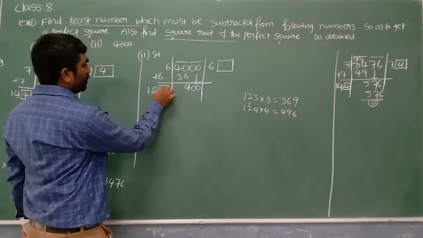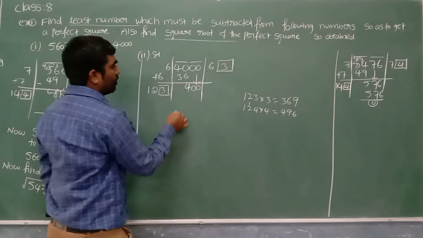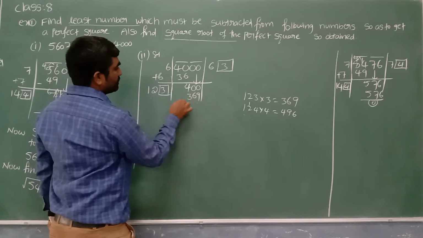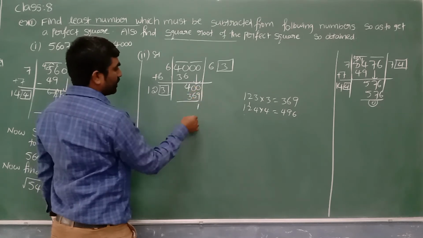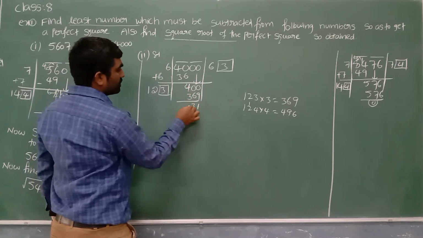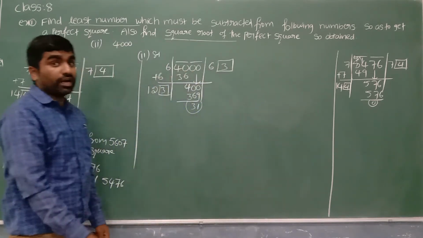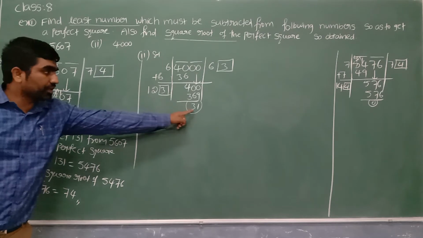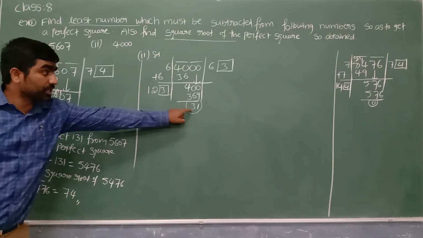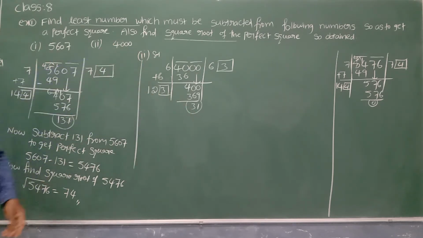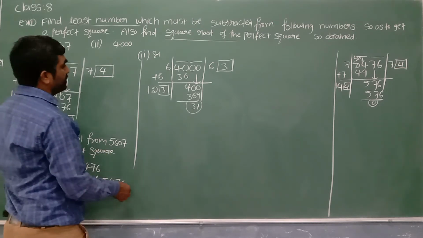So we'll go with 123 times 3, 369. So 10 minus 9, 1, 9 minus 6, 3. 31 is the remainder. Now what is the least number we can subtract from the given number 4000? 31 is the remainder. What I said: subtract the remainder from the given number to make it a perfect square.